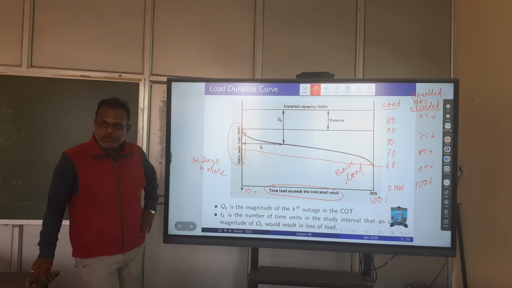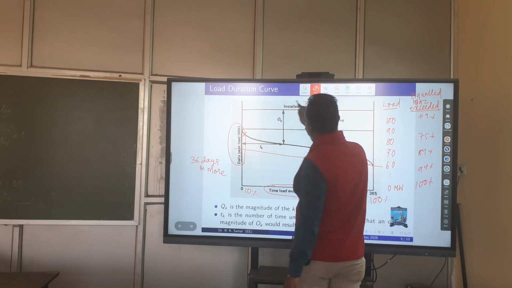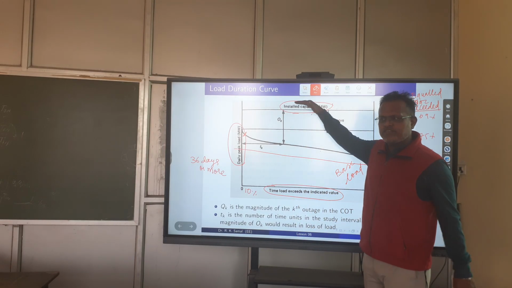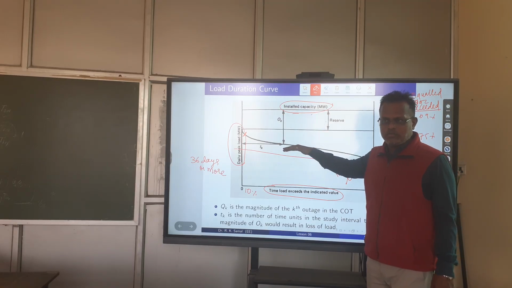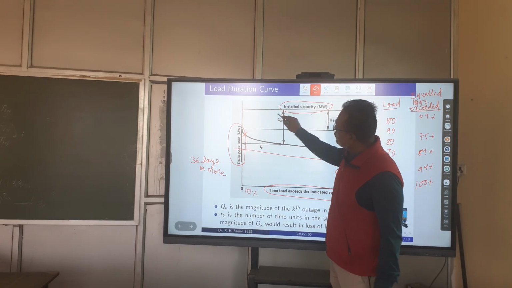So if you take randomly, and this is our installed capacity, this is the load, this is the installed capacity. Generally the installed capacity should be much more than the peak load. Consider the outage.